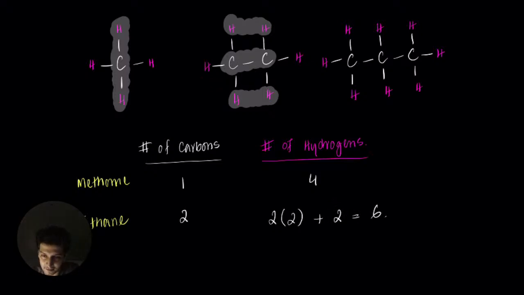Does this make sense? I'm going towards a general formula. I think it'll be more obvious when I try it for propane. When I have propane, I have 3 carbons.